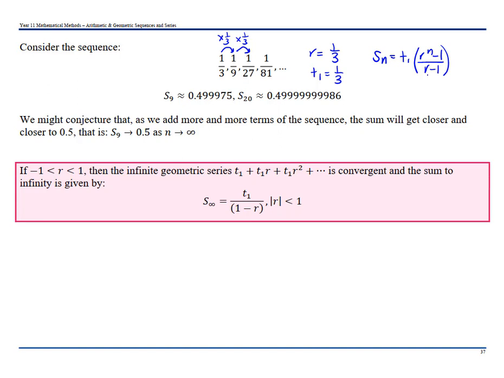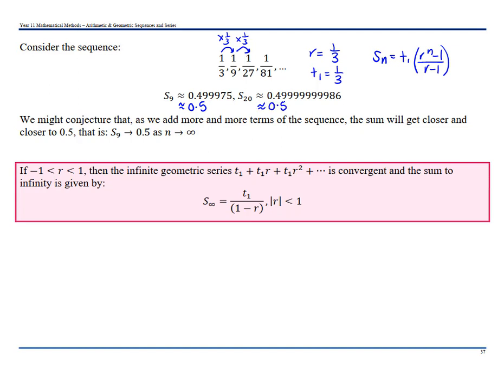Now if you looked at the sum of the first 20 terms, it's approximately 0.4999999986. So what you should be seeing here is that as the number of terms increases, our sum looks like it's approaching 0.5. So we can say this is approximately 0.5 and this is approximately 0.5.